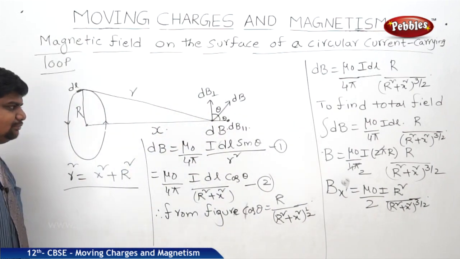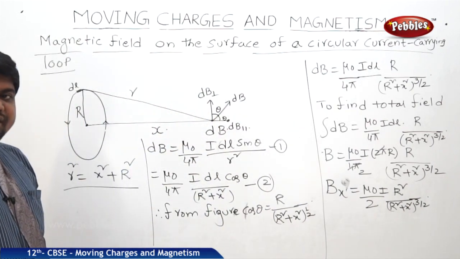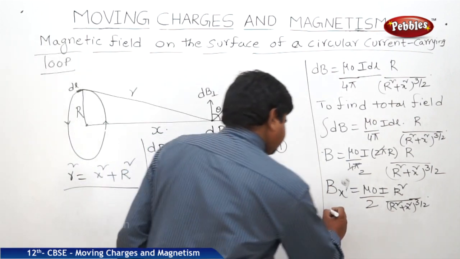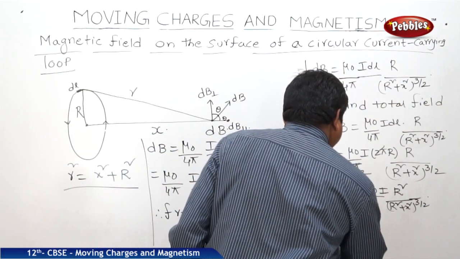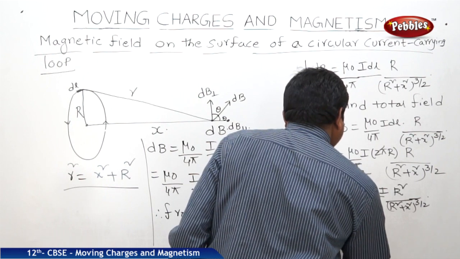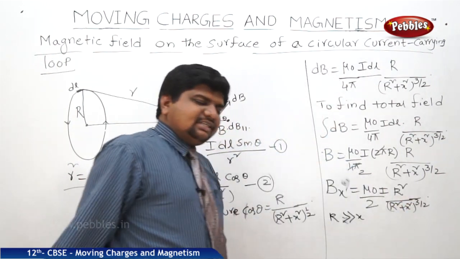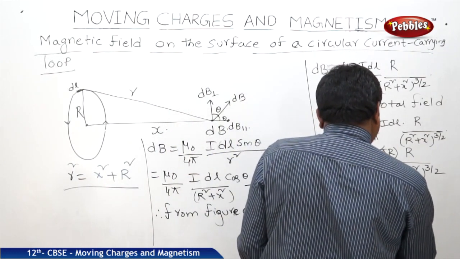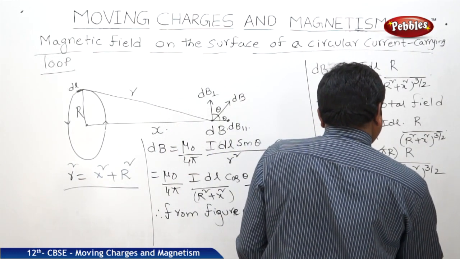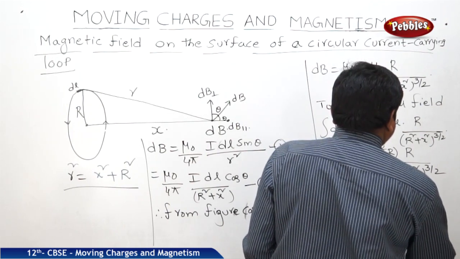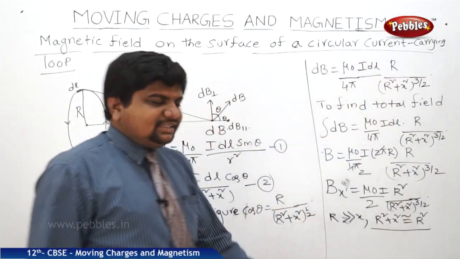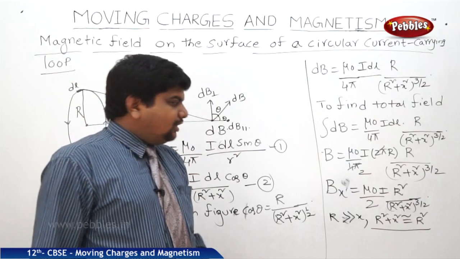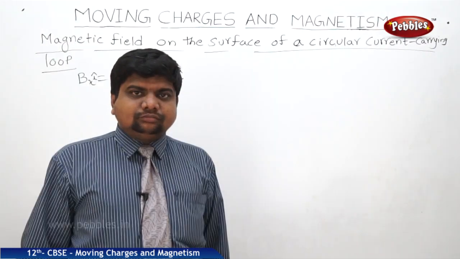And if r is far greater than x, then we can neglect x square in r square plus x square and take it as r square. So now I am adjusting this whole equation in terms of r square, and we will get the correct form.